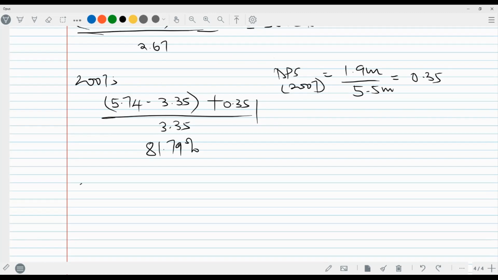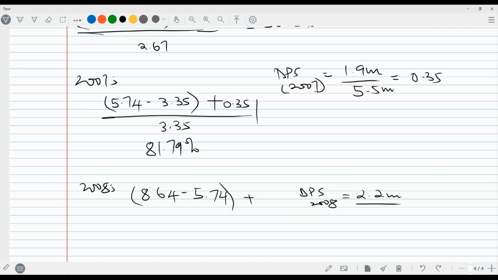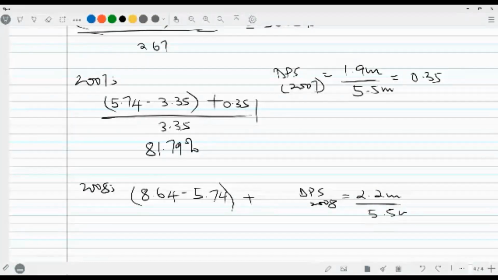Okay, that's for 2007. For 2008, the same process. Share price 2008, 8.64, minus the share price at the beginning of the year, which was 5.74, plus the dividend paid for 2008. The DPS for 2008 will be the dividend of 2.2 million divided by the number of shares, 5.5 million.